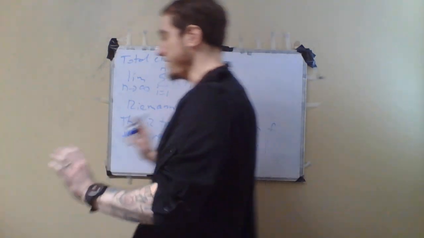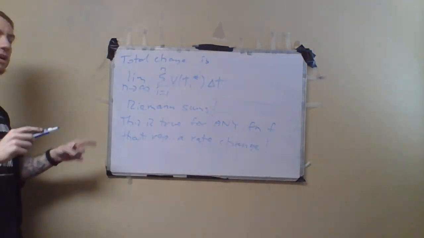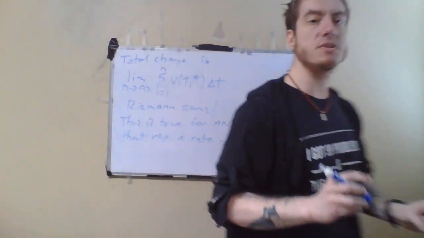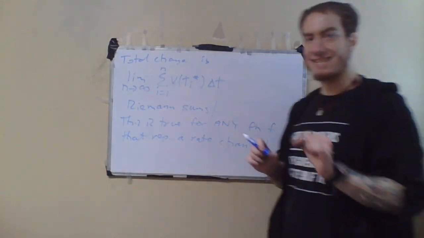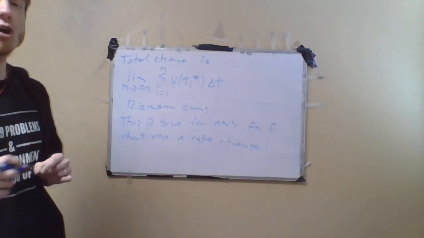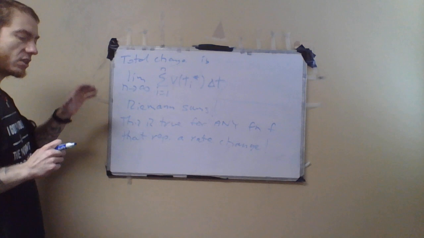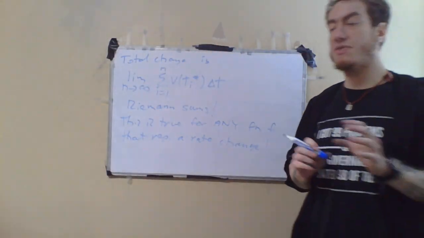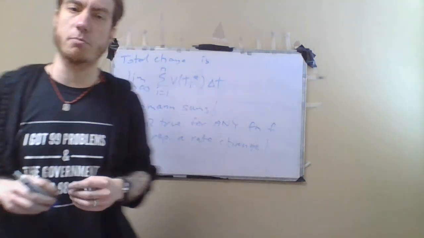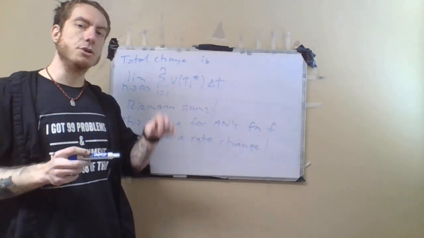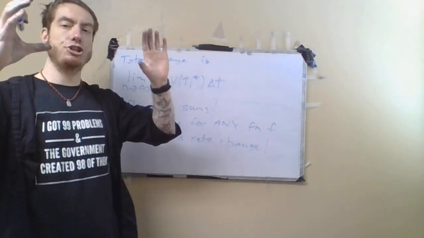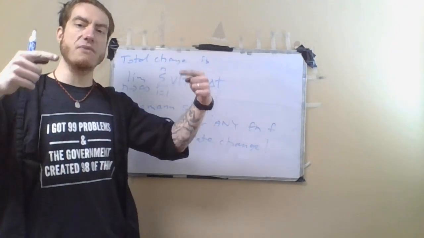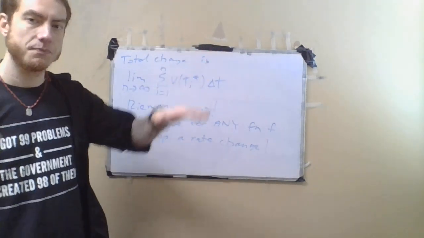The upshot of this is that we are actually interested in the limit of Riemann sums, even when our function is not necessarily going to be bigger than or equal to 0. If it's bigger than or equal to 0, then we have this nice geometric interpretation that the limit of the Riemann sums is just the area under the curve and above the horizontal axis.